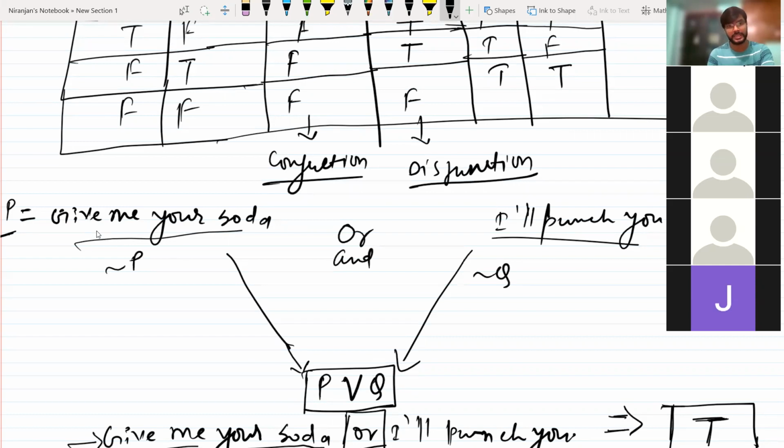So what would be the negation of P, give me a soda? You want to take the opposite of it, you want to negate this statement. So what do you think the negation would be? Anyone? Or shall I write?